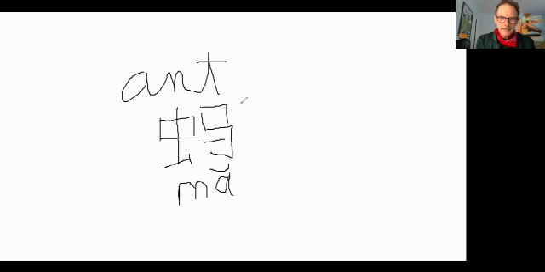And the second character that forms the expression ant is going to look like this. And it's pronounced yi, and it's going to have the same tone.